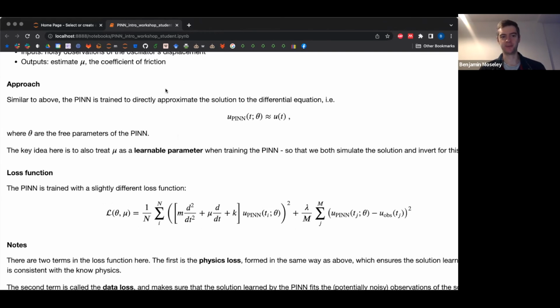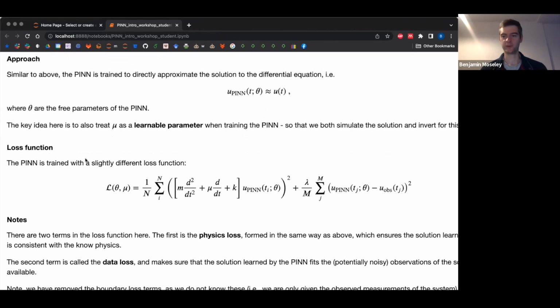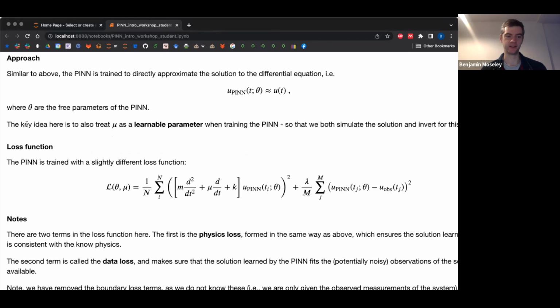It's the same approach as before. We're going to say the PINN is going to directly approximate the solution to the differential equation. But there's one key idea that's different. The key idea is we're also going to treat mu as a learnable parameter when we're training the PINN. So just like theta here is a learnable parameter of the neural network, we're also going to say mu here is just another PyTorch parameter that we're going to update through gradient descent simultaneously with the thetas of the neural network.